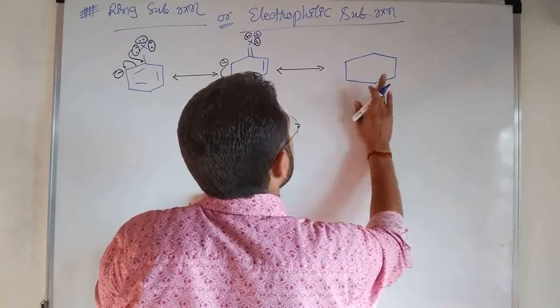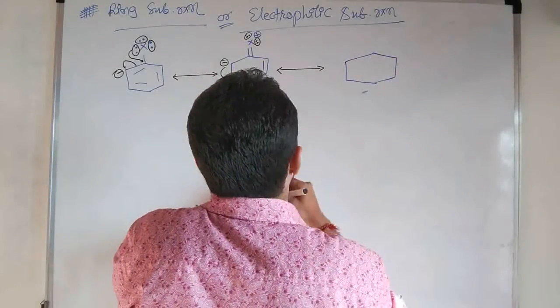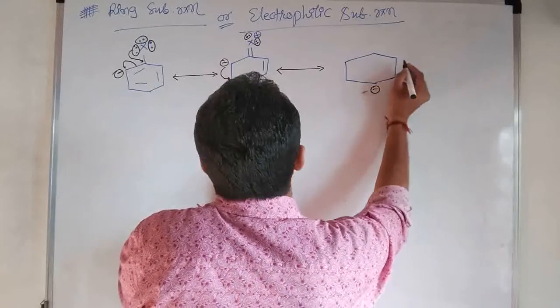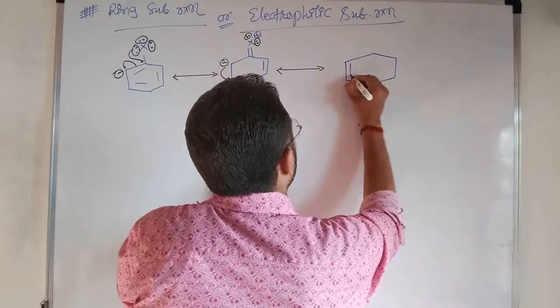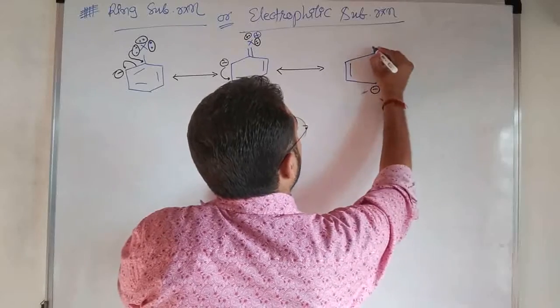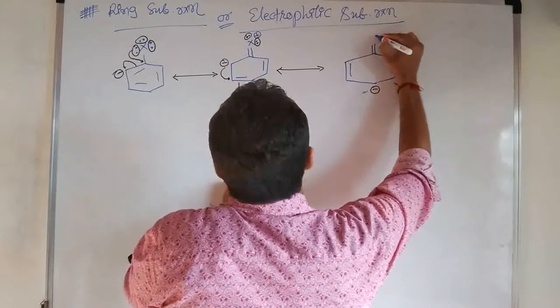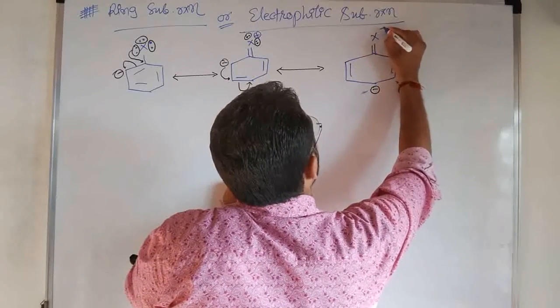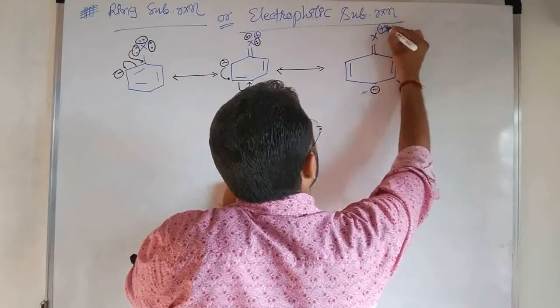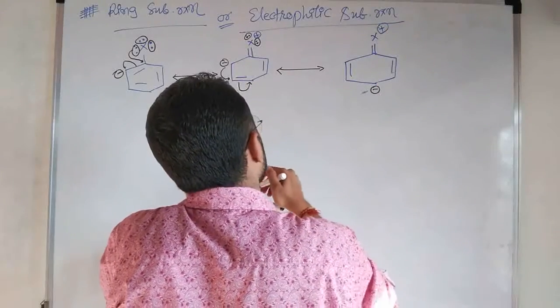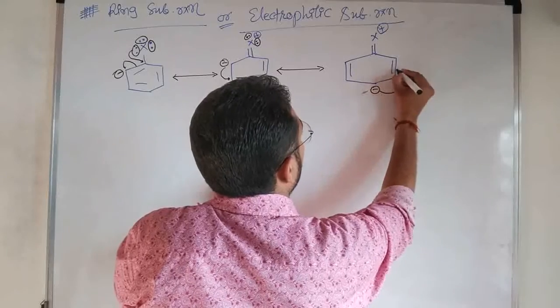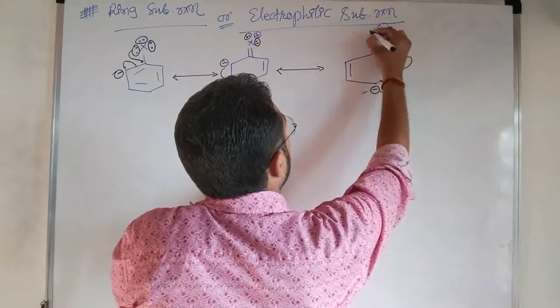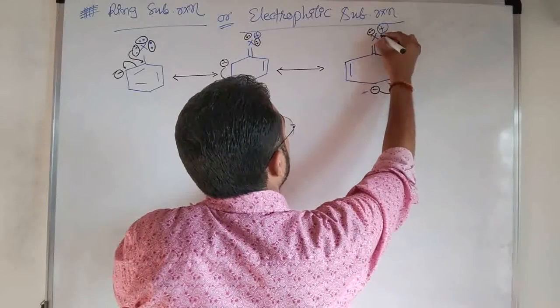Here negative charge, here back, and here the halogen contains a positive charge, in the opposite direction, attacking this carbon and opening up this bond. Here 2 lone pairs, also the same thing.